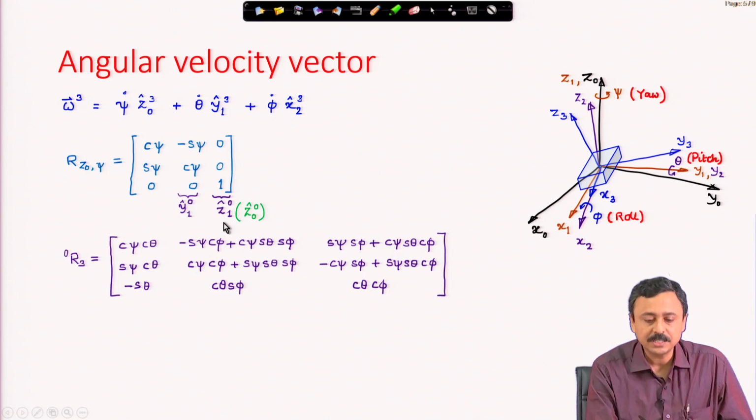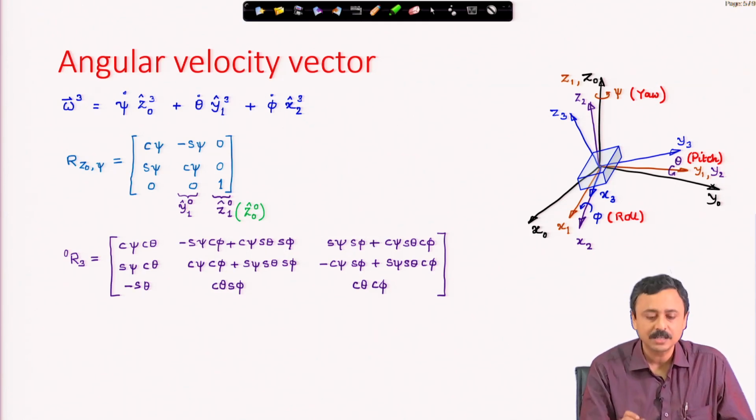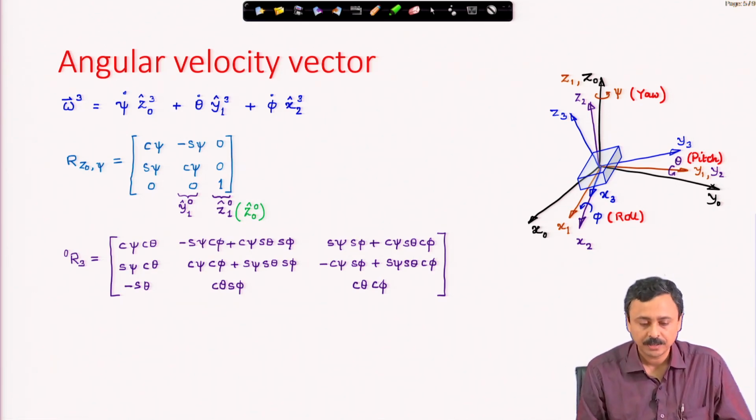The third column represents z 1 in x 0 y 0 z 0, and because it was a rotation about z 0 itself, z 0 and z 1 are actually identified, that is why it is 0 0 1. 0 0 1 is z 0 represented in z 0 or z 1 represented in x 0 y 0 z 0.